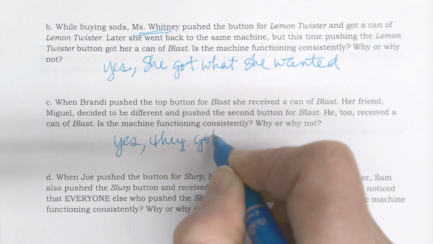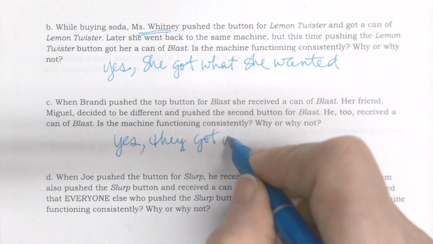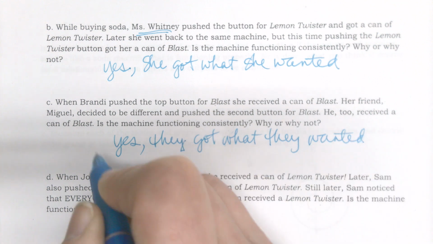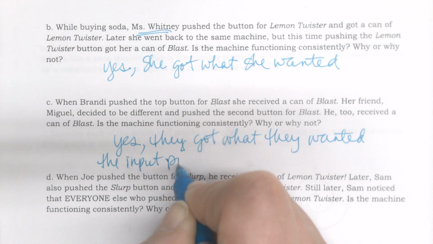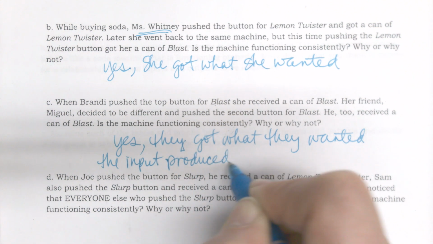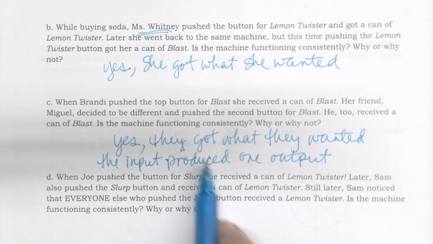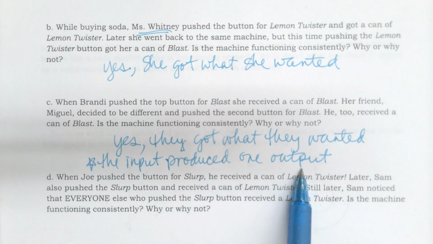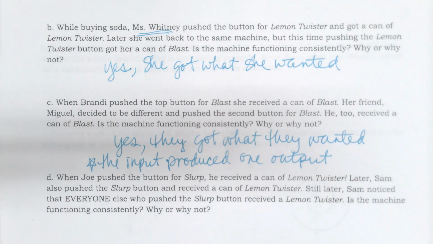They got what they wanted. The input produced one output, and that output was exactly what they wanted. And we're going to talk about this again in more detail. I press the button for Blast, I get the Blast out. I hit the other button for Blast, I get the Blast out.